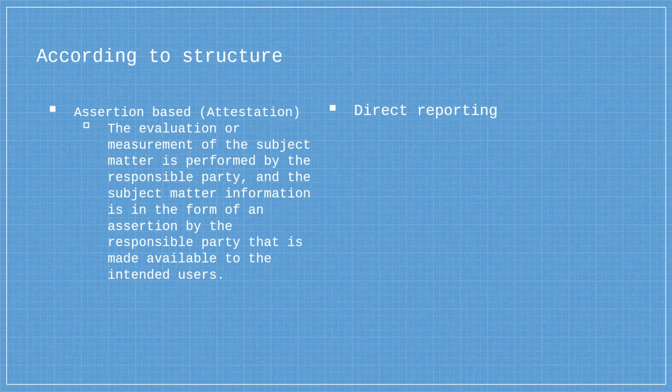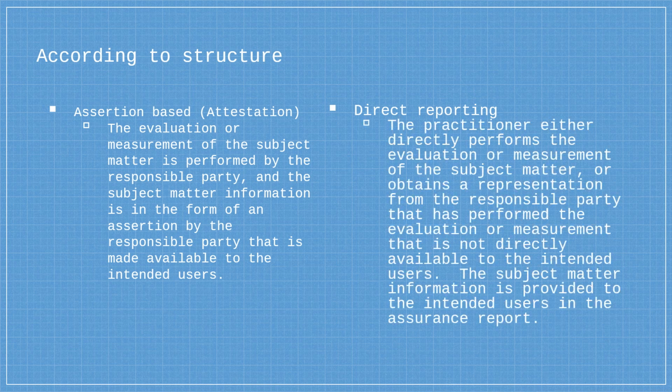Meaning to say, with or without the auditor, with or without the practitioner, the subject matter information is made available to the intended users. We need to underscore that in the case of our illustration, the financial statements can be made available even without the auditor, because when we go to the definition of a direct reporting engagement, you would get to see the difference between these two classifications.